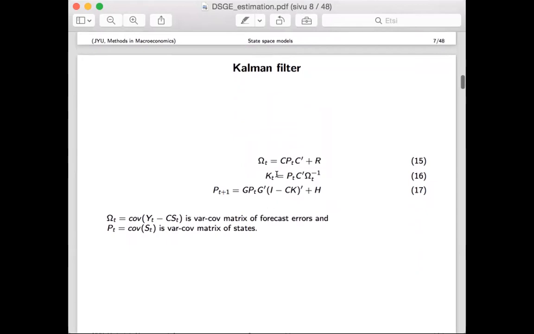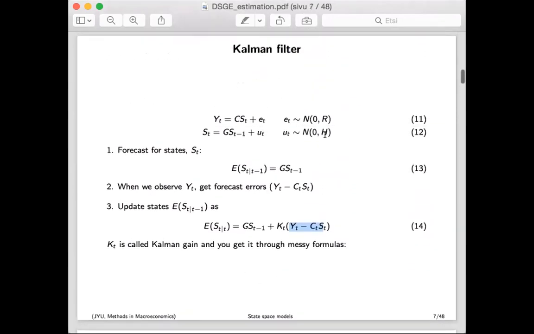Where we have omega, which is a covariance matrix for forecast errors, and then P matrix, which is a covariance matrix for the states. And then these determine the Kalman gain, how we should update our guesses regarding the states when we observe the observed variable. And as you can see, it depends on these R and H matrices, which are these variance covariance matrices.